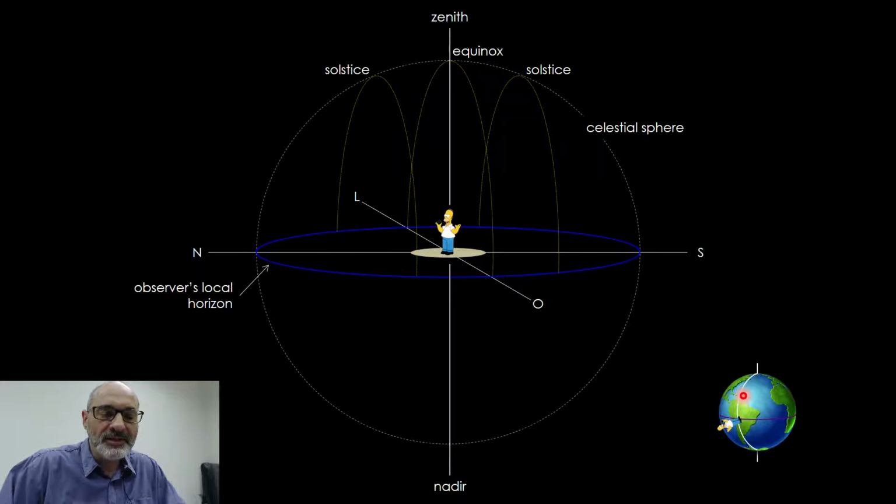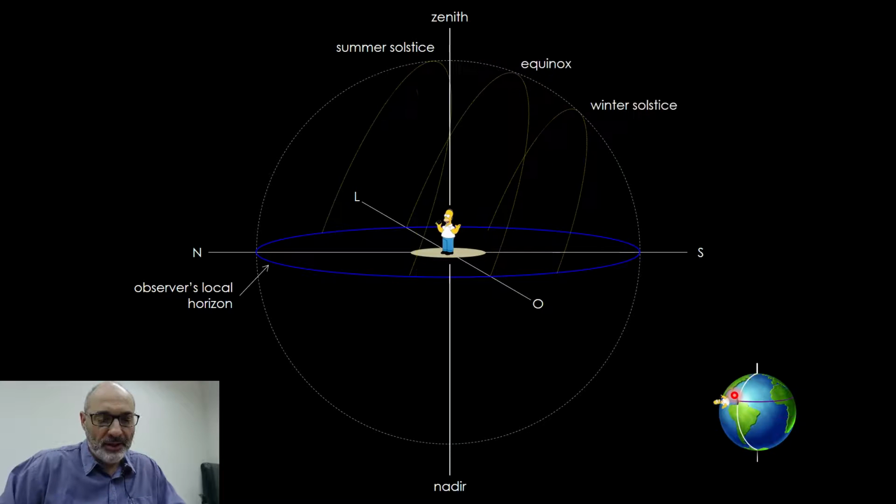What happens if he moves, let's say, north to this position here, where I'm pointing? He goes north, and he starts to see the sun in the summer solstice rising. It still rises on the east and sets on the west, but the trajectory is tilted.